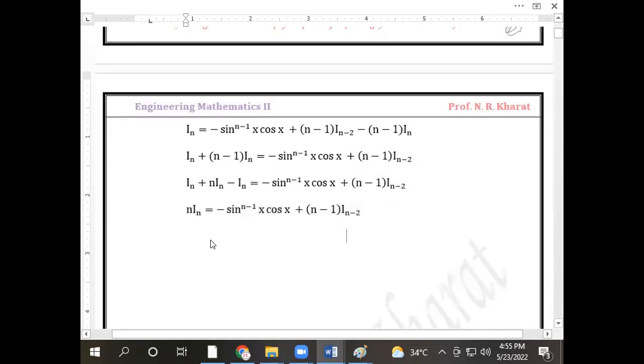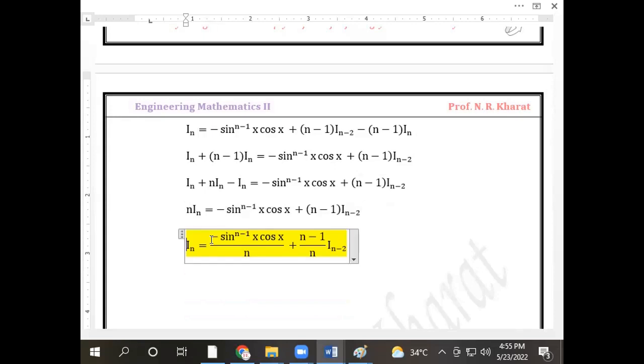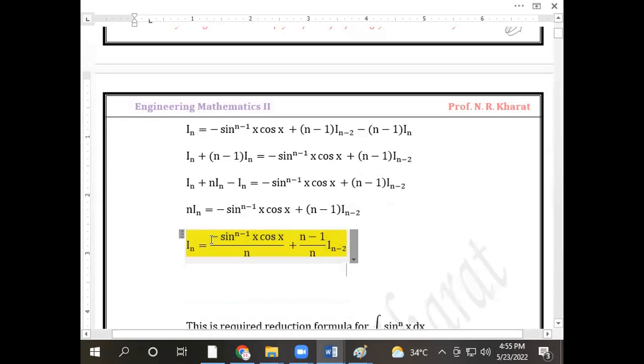But we require I n, so we divide the entire equation by n. So we get the reduction formula of sine whose index is n: I n is equal to minus sine raised to n minus 1 x cos x upon n plus n minus 1 upon n times I of n minus 2.